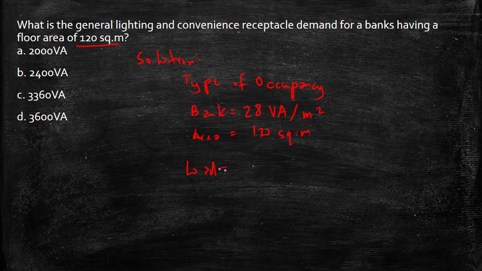So we need only to multiply the VA per square meter to the square meter na ating floor area. So we have 28 volt ampere per square meter times 120 square meter, no?